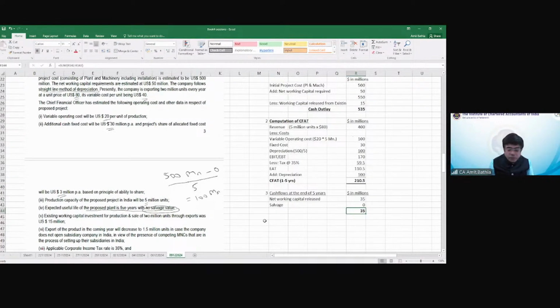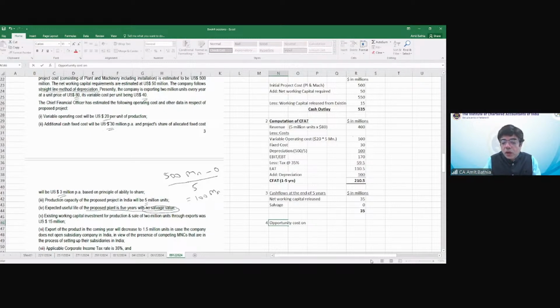What is the income you are making already or expected to make? Sir, export will decrease to 1.5 million units. Exactly. Very good. So whatever you are going to earn from that 1.5 million units will not come. That becomes your opportunity cost.